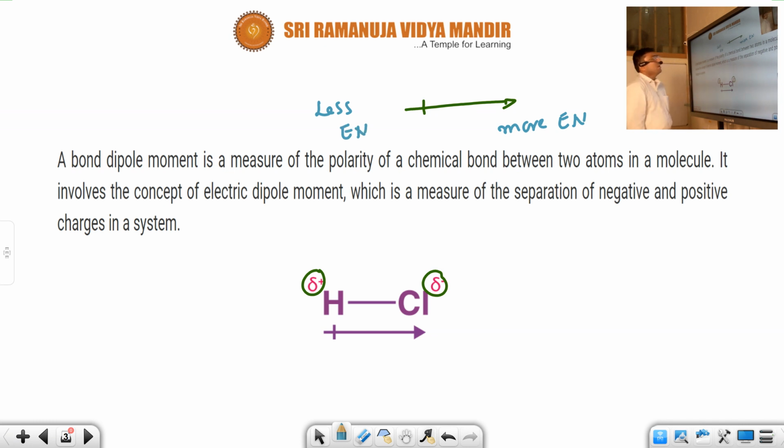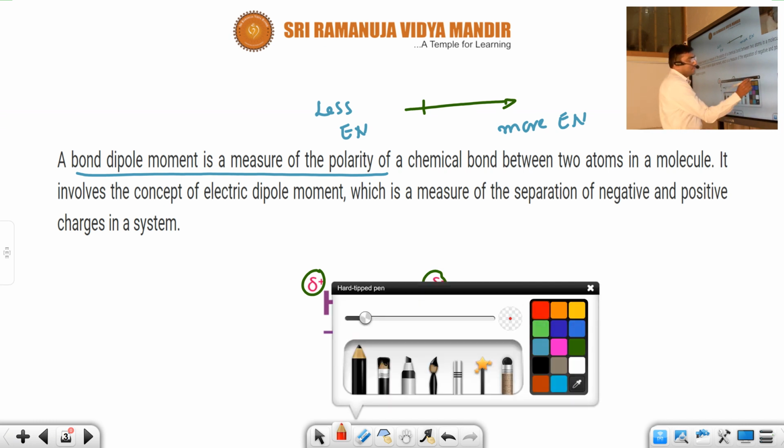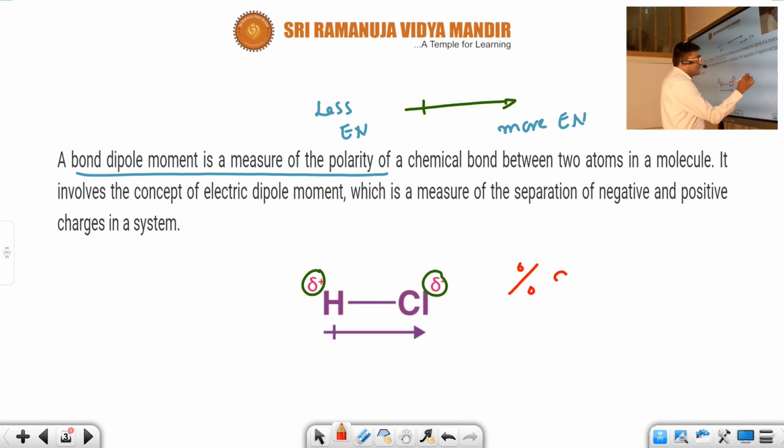Students, try to understand. It is a measure of bond polarity, and the polarity is basically understood by means of percentage ionic character.